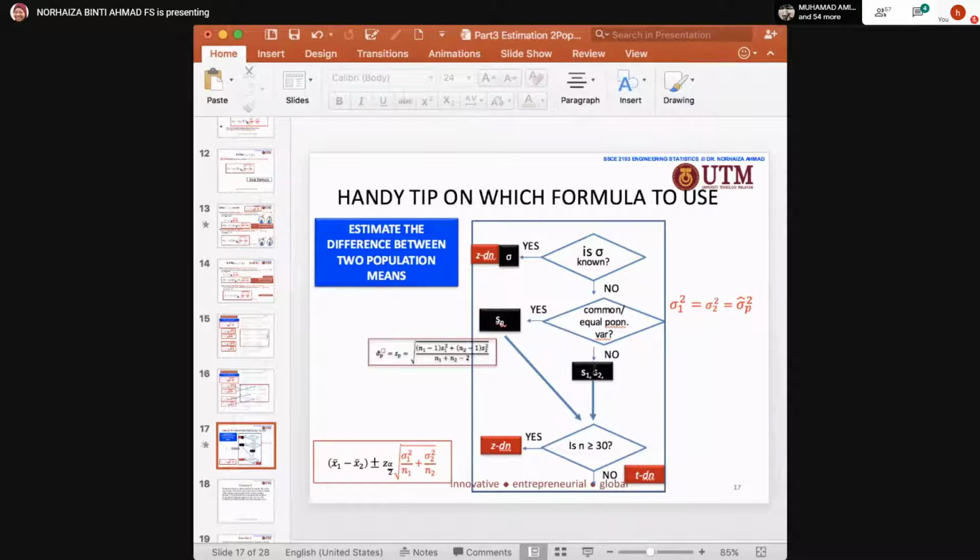But for both of these, you need to check whether your n is large or small. If it's large, then use the Z. If it's small, use the T. I hope that's clear. The only thing you need to remember is this formula and that method of thinking in order to modify this formula.